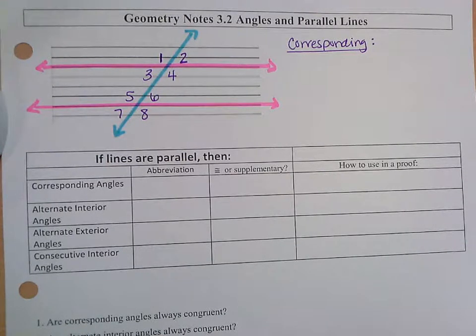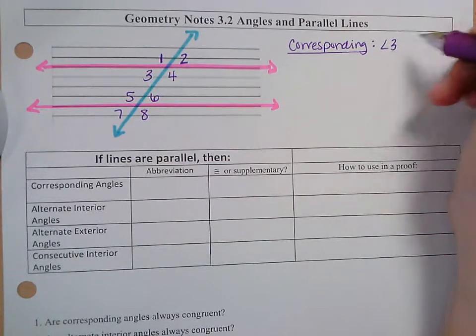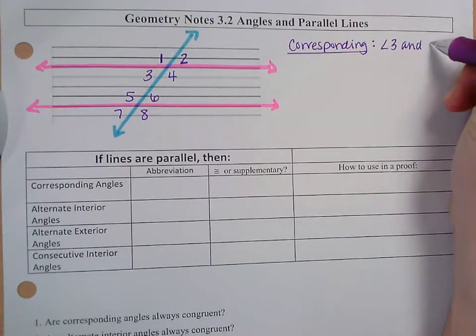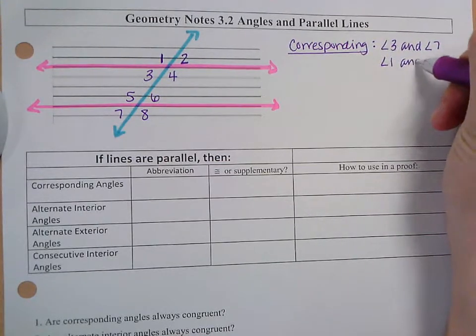So from yesterday, Kylie? Not 1 and 7. Not 1 and 8, Spencer. 3 and 7 are corresponding. 1 and 5. 6 and 2, and 4 and 8.